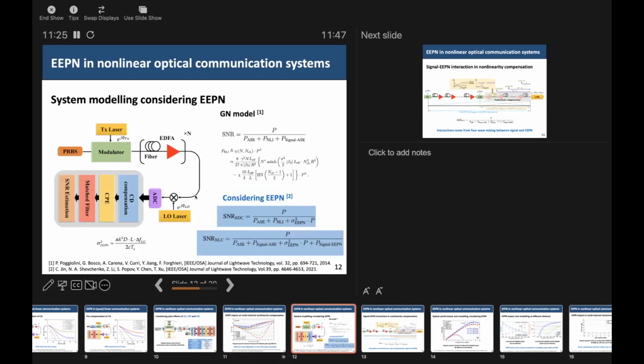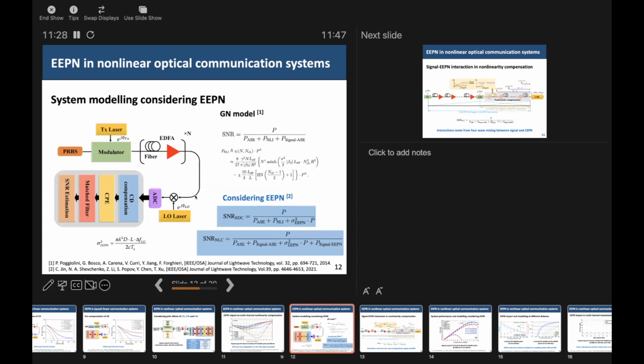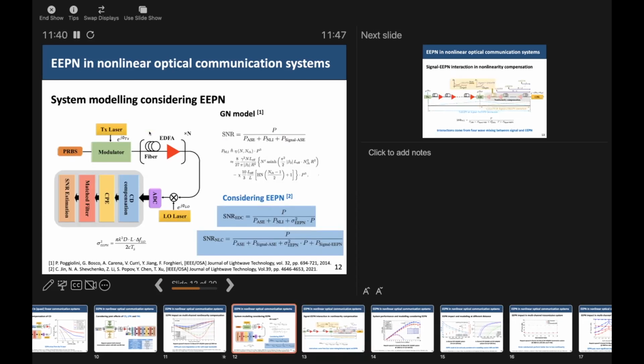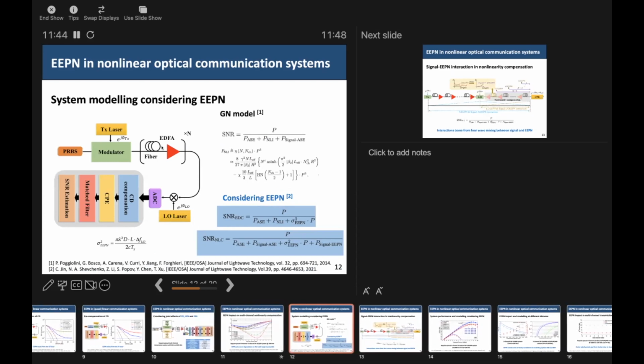And then we went into the detailed theoretical analysis of the system model considering the equalization enhanced phase noise. Here, in the fiber, we consider the fiber nonlinearities.